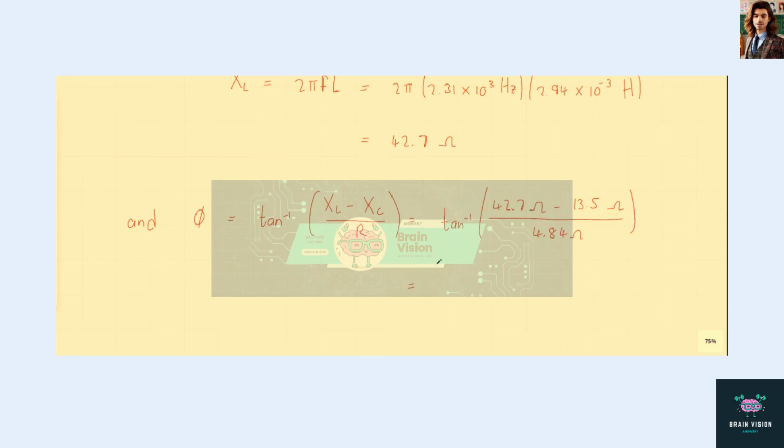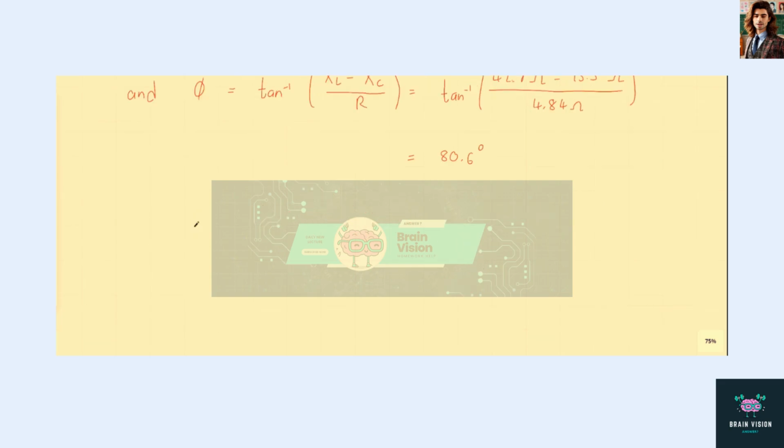This gives us the phase angle phi to be 80.6 degrees. Therefore the power factor, which is the cosine of phi, is simply the cosine of 80.6 degrees, which is 0.163.